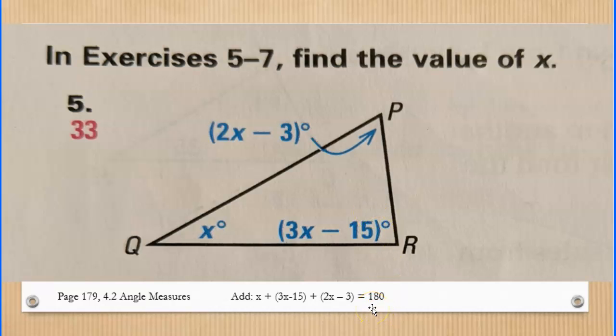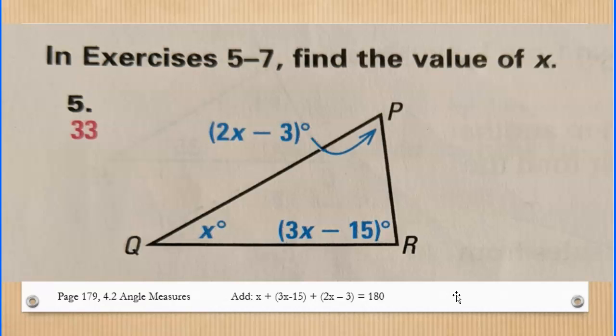And when we do the math on that, we are going to come up with 6x, and then we have a negative 15 and a negative 3, so we'll have 6x minus 18 equals 180. I haven't worked it out for you, you can certainly work it out. 6x minus 18 equals 180.